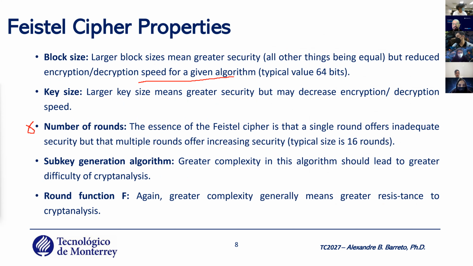If you have 16 or 20 rounds, you need to have 20 keys, each the same size as half of the block. And it's important because you need a very strong model to generate the subkeys.